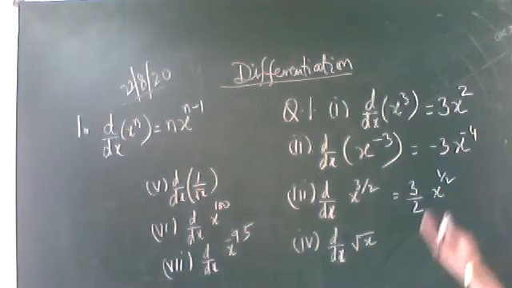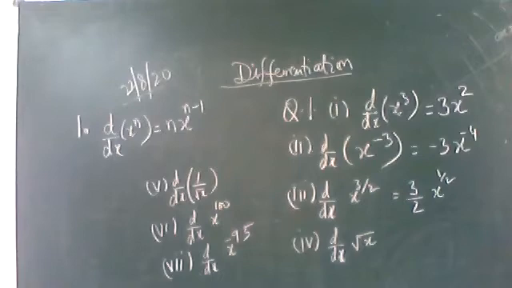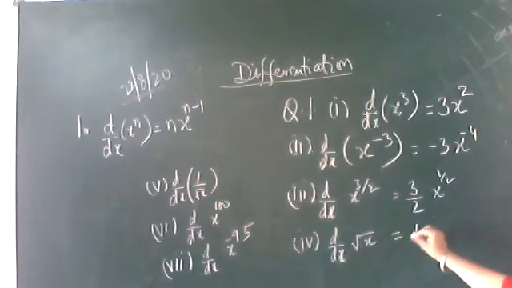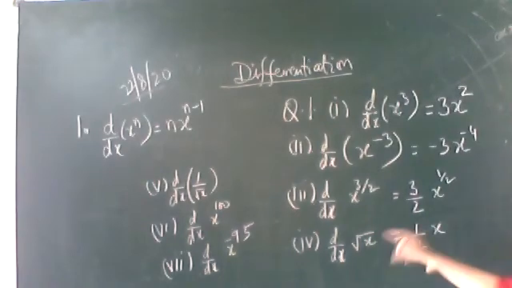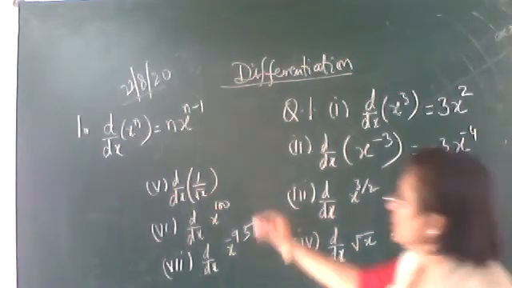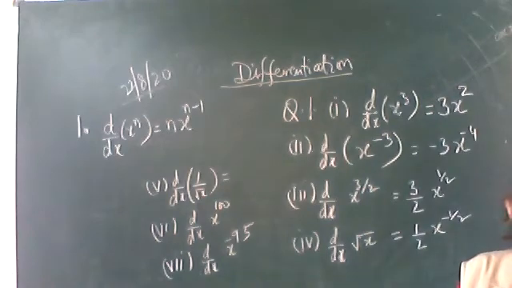Formula is all are in the same form, d by dx of x raised to the power n. Root x can be written as x raised to the power half. n here is half, so x raised to the power half minus 1, minus half, is the answer. d by dx of 1 upon root x, that is d by dx of x raised to the power minus half.